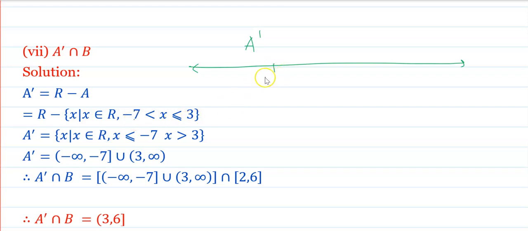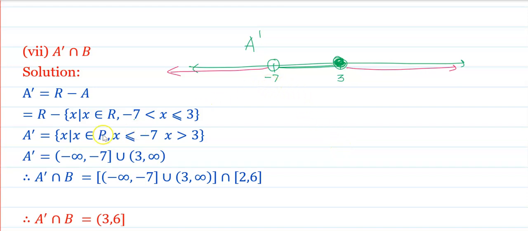If I write here -7, okay, this is not included. 3 is included. Okay, we will include it here. This is the 3. Other than this means what? Everything except this. Means we want this from here up to infinity and from here up to infinity.